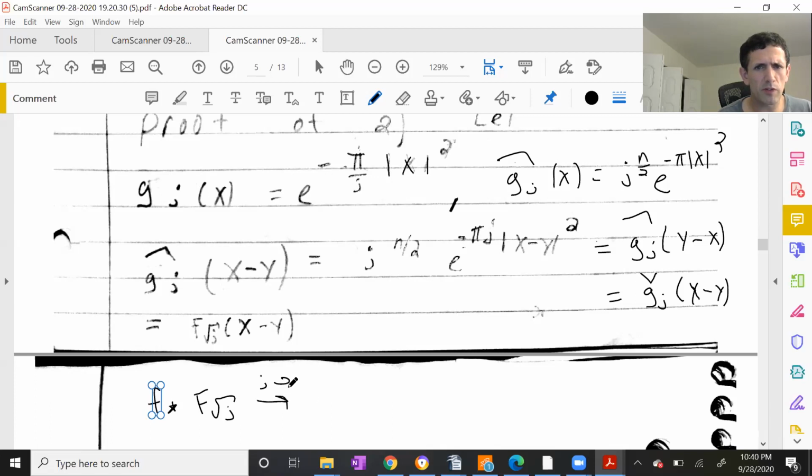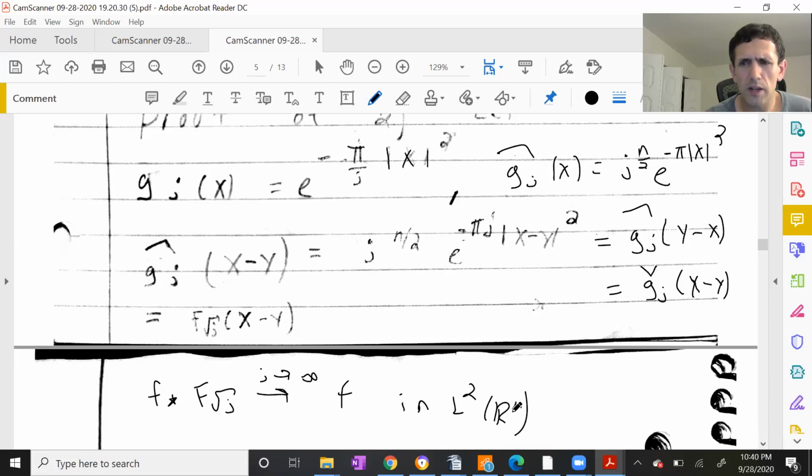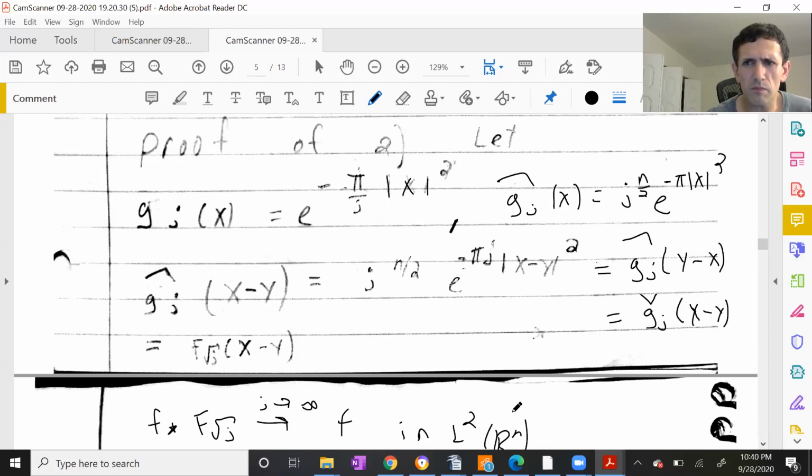As j goes to infinity, this converges to f in L2. Okay, so let's actually put this to good use, and this is extremely important.